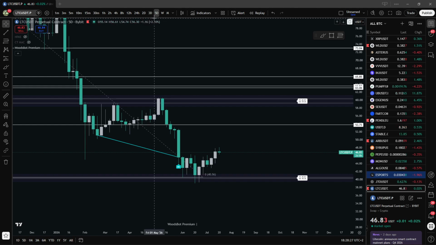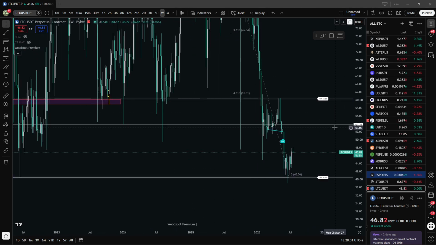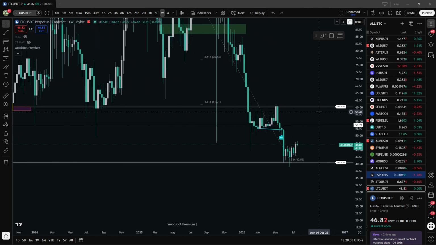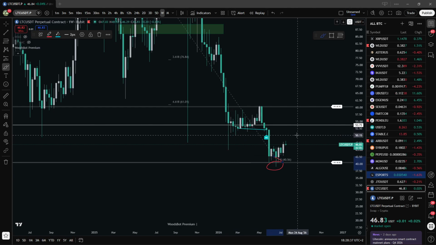So your invalidation now should be this level, right? Like this wick. If price action is bullish on Litecoin and it's bouncing, Litecoin should not come below this level. So you have no stop loss set.